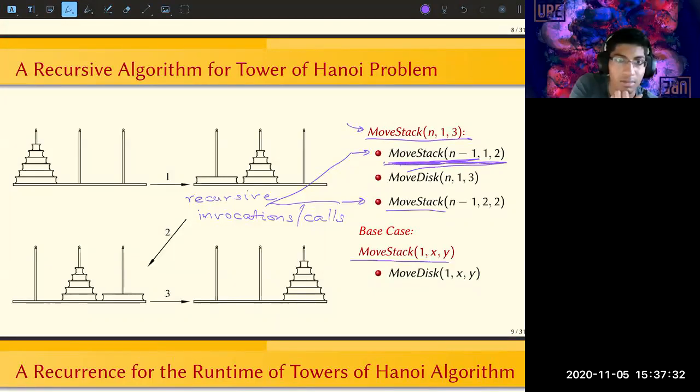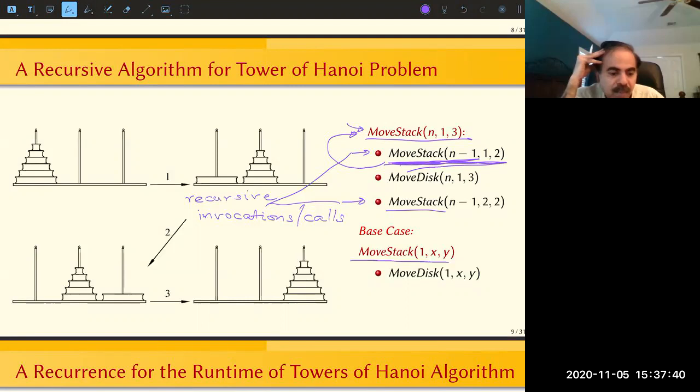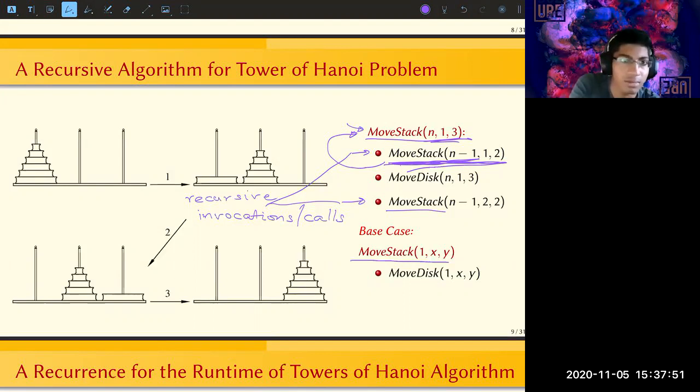So you just go back here. You just say, okay, I have to move n minus 1. Let me forget for a moment that I'm trying to move n disks. Let me just think that I have to first just move n minus 1, and apply the same technique.